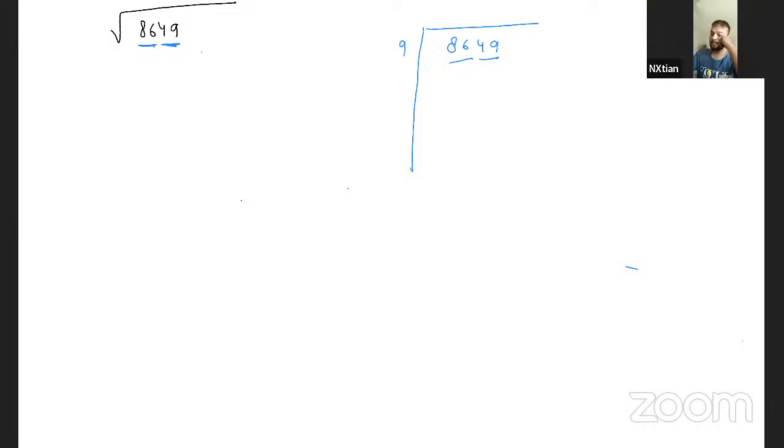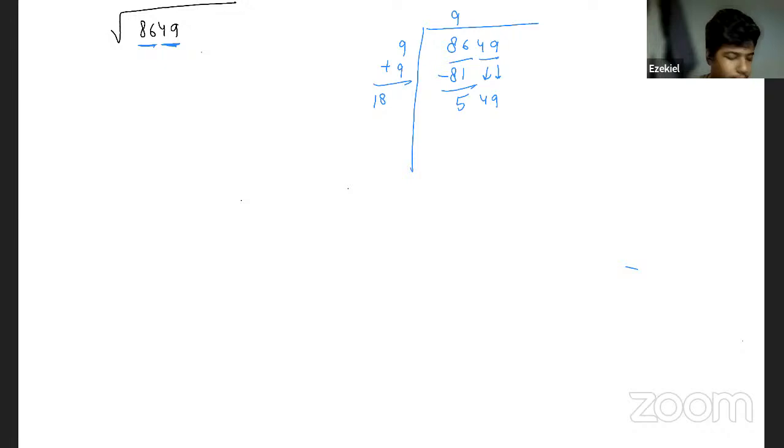So 9 into 9 becomes 81, and then 5 will be the remainder, and then 49 will come down. And the 9 which you multiplied, you have to add it also. So it will become 18. Yes, is it correct? Yes, sir. Next. I was not able to catch on from that, sir.